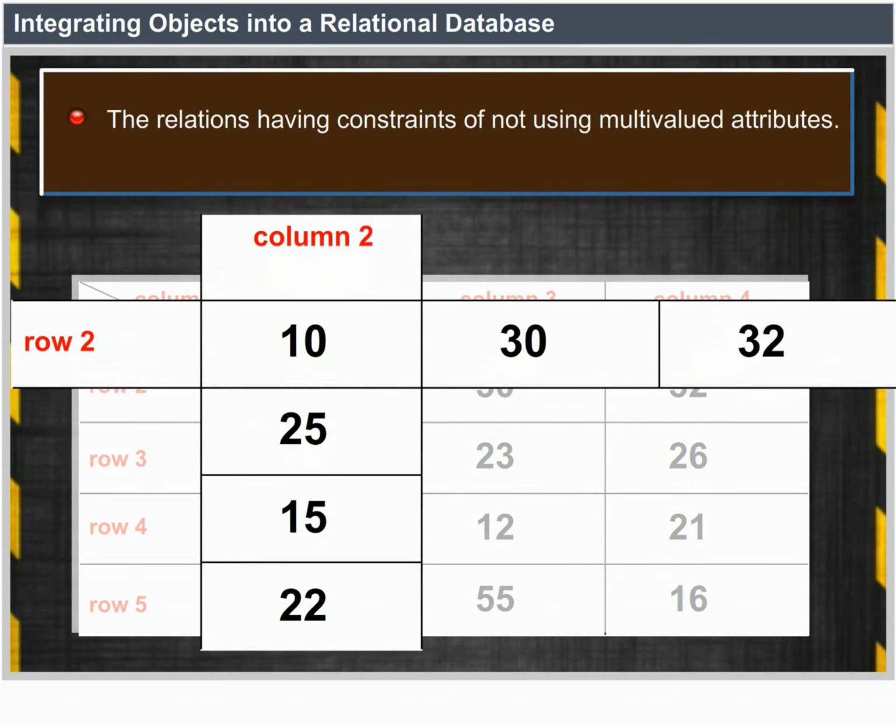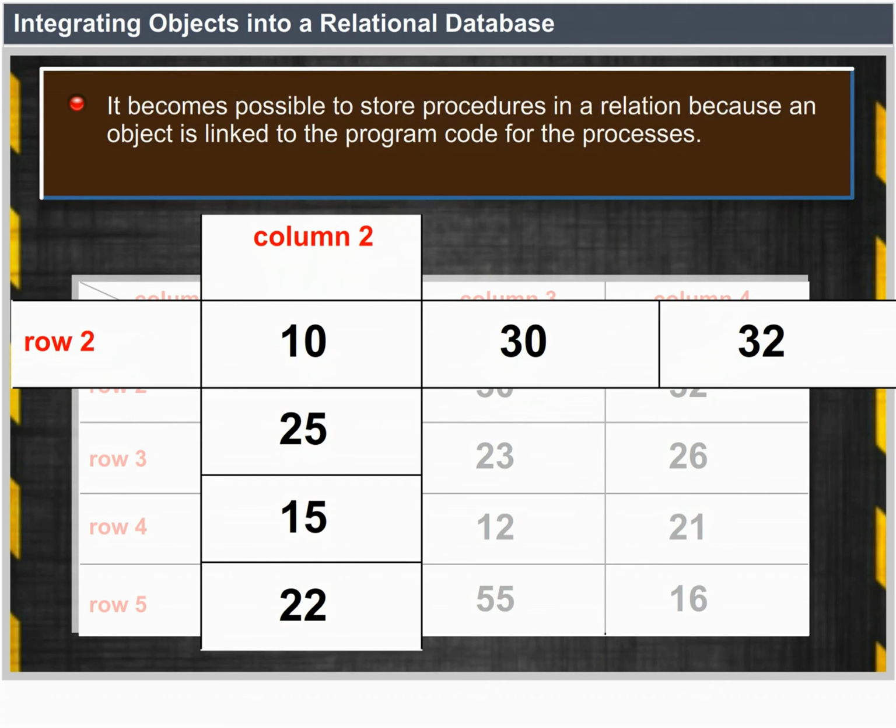The relation therefore still conforms to the relational constraint of there being no multi-valued attributes. It also becomes possible to store procedures in a relation because an object is linked to the program code for the processes that it knows how to do.